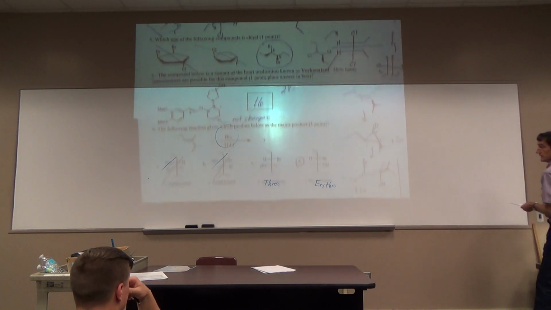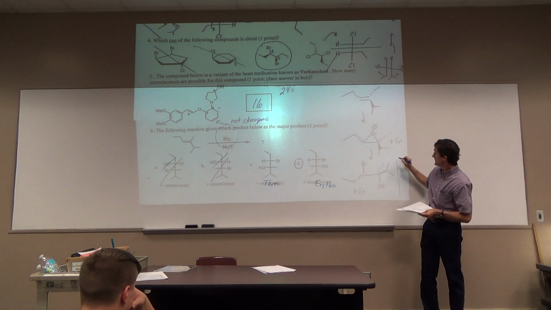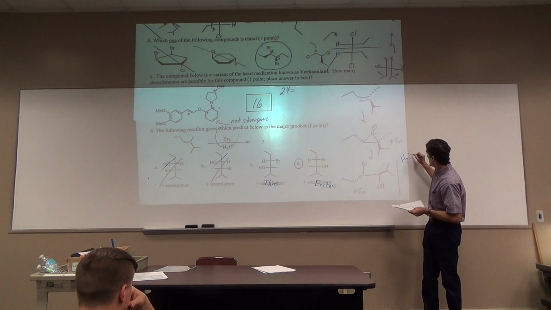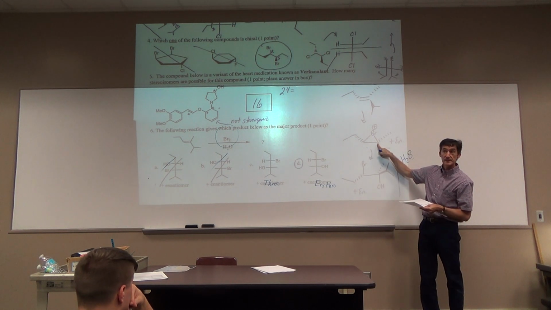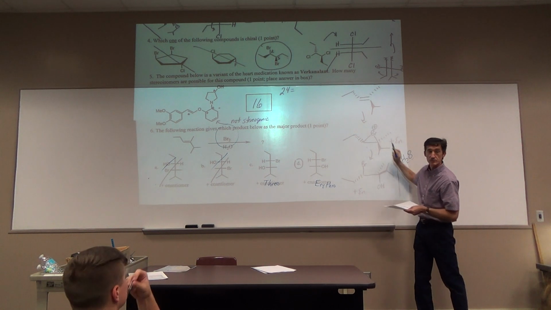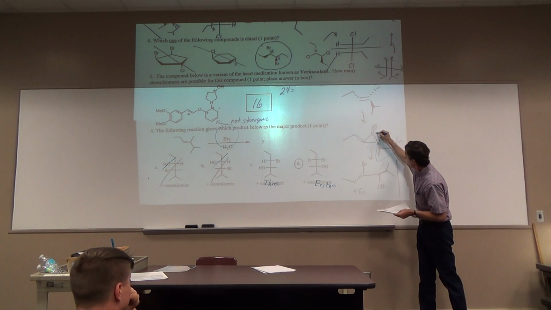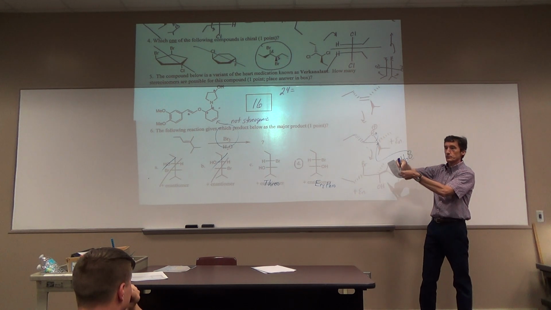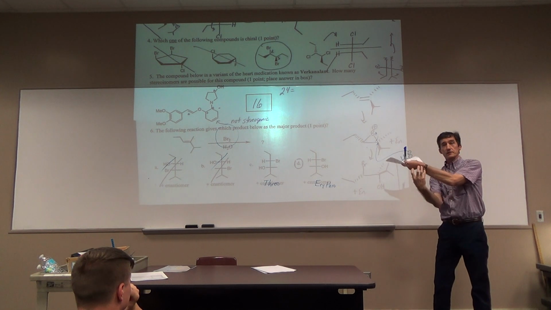Now what happens? Then the water comes in. Which carbon does the water attack? The one on the right, the same place the cation would have been if we had formed a cation. How does it come in? If the bromine is straight up, how does the water come in? The bottom. Does it come in from the back? The front?